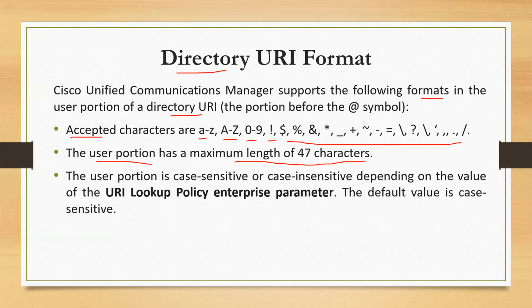The next important thing is whether the user portion is case sensitive or case insensitive. It depends on the value of the parameter. If you want, you can change it to case insensitive, but the default value is case sensitive. You need to keep that in mind.